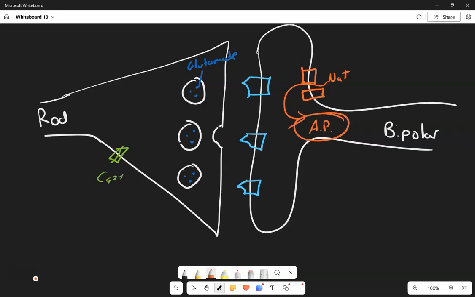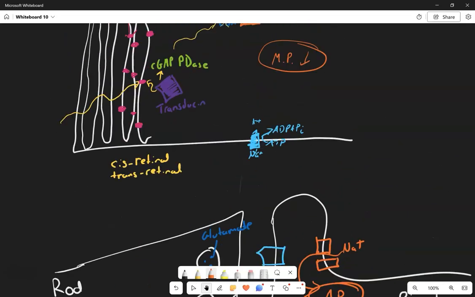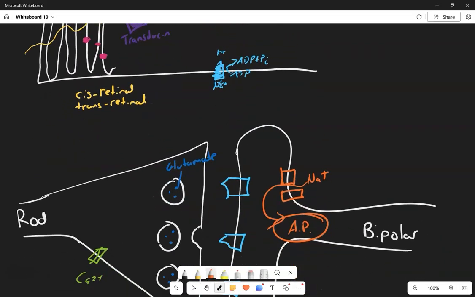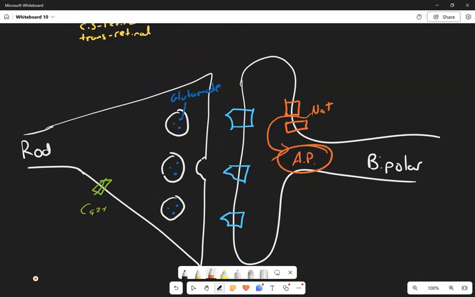So light coming in and hitting the rod causes the inhibition of the action potential in the rod, but the rod elicits an inhibitory postsynaptic potential in the bipolar cell.